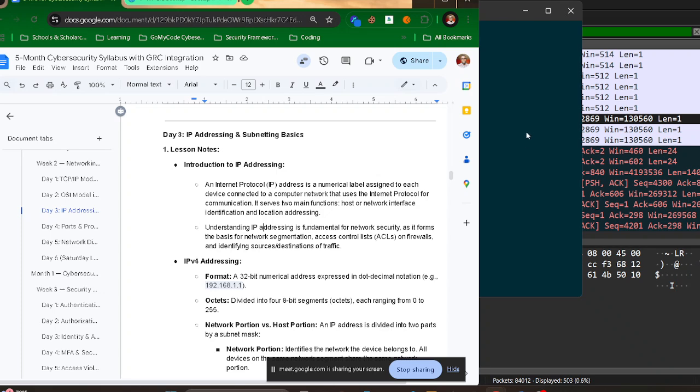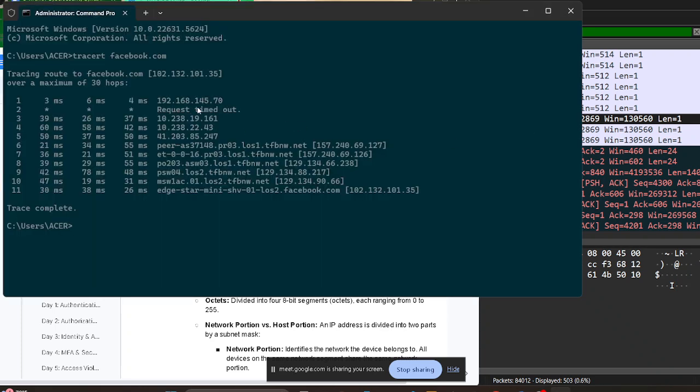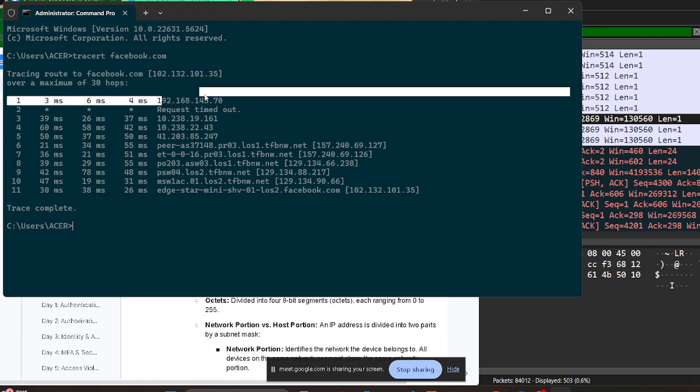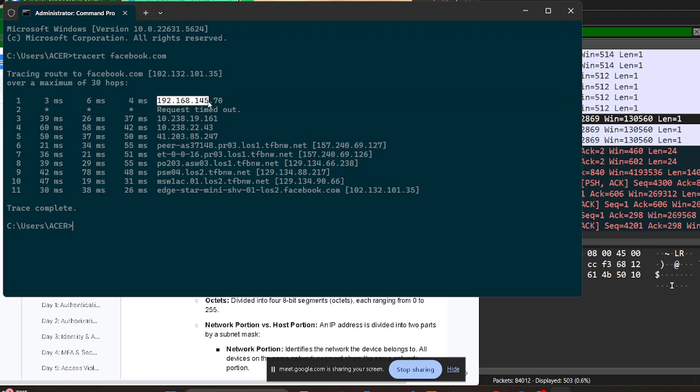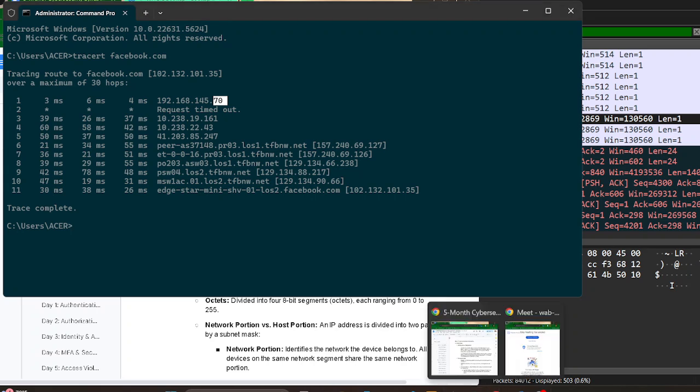So from this screen, the first three, it can be the first three, it can be the first two, and it can be the first one here. But the major thing is that part of this IP address helps me identify the network, and part of this IP address helps me identify the hosts.